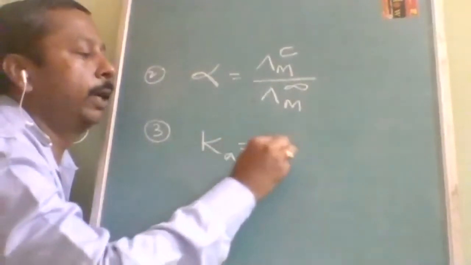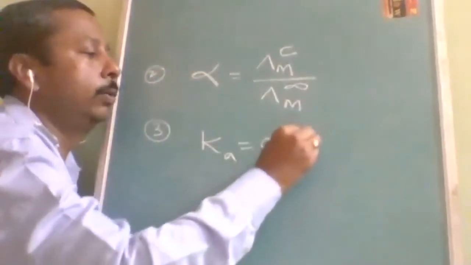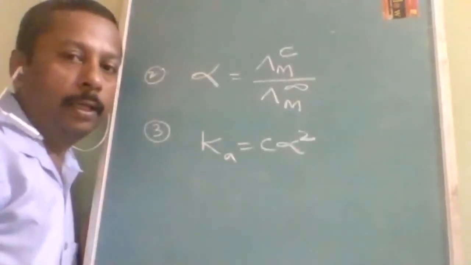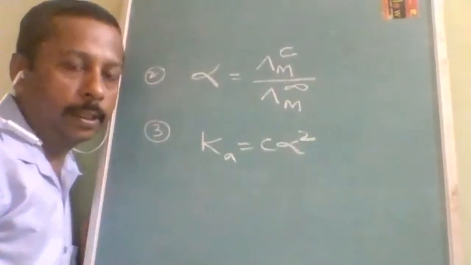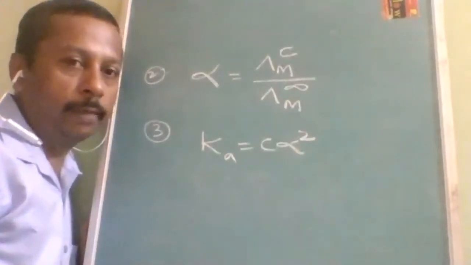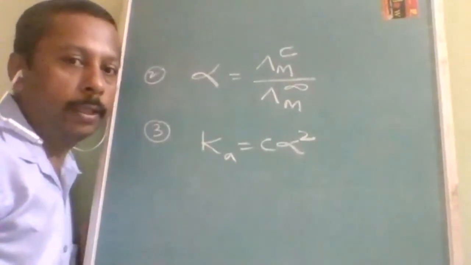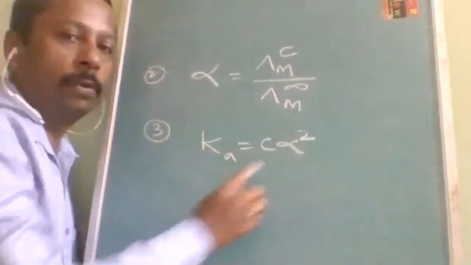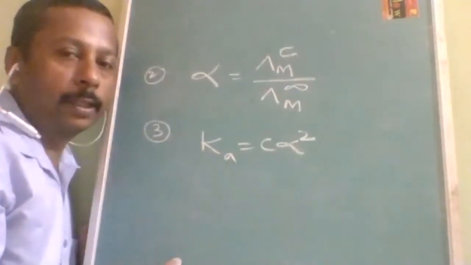The formula for Ka, which I told you in the ionic equilibrium lecture, is equal to C alpha square. Ka is equal to C alpha square. In the lecture on ionic equilibrium with Ostwald's dilution law, I explained this derivation also. Is it understood?